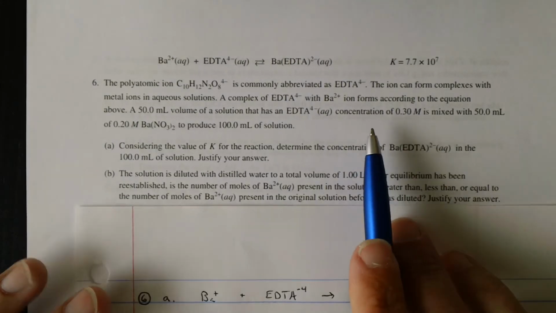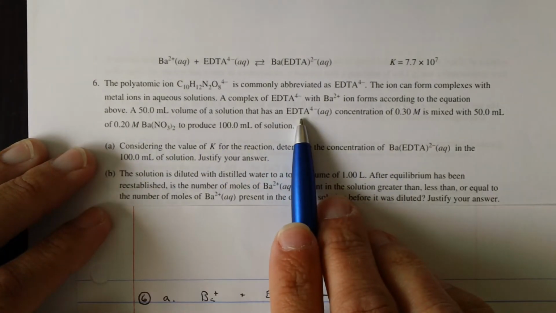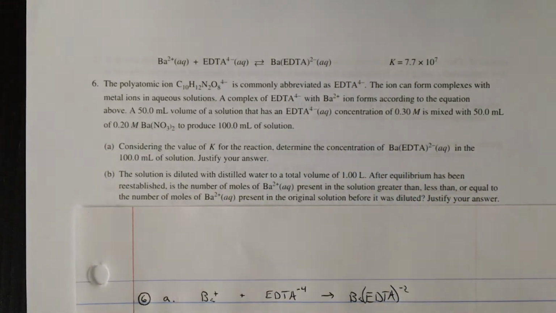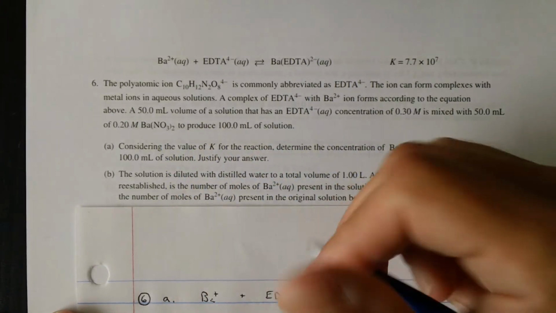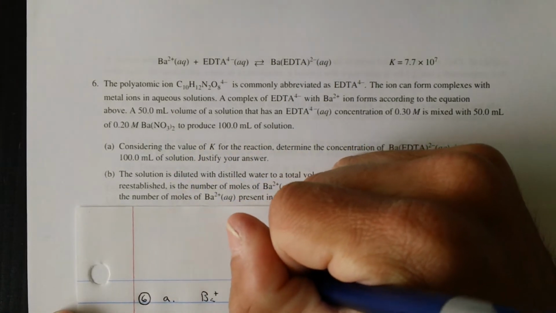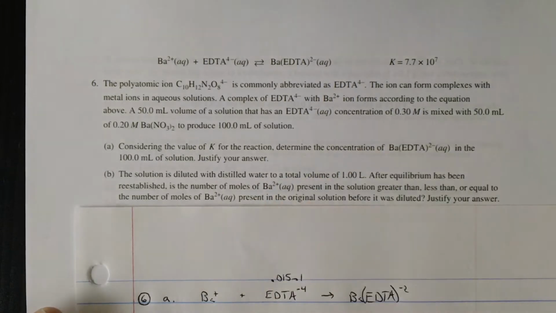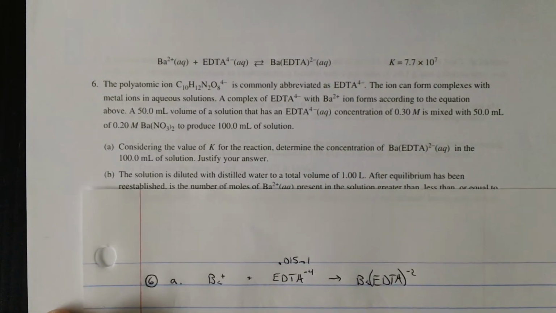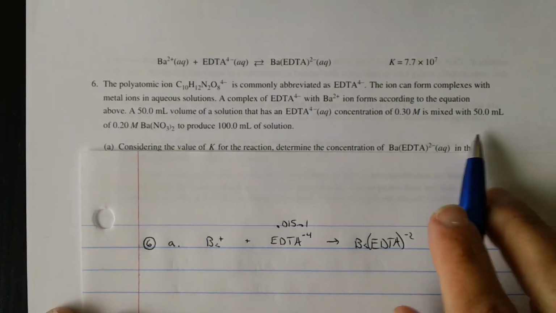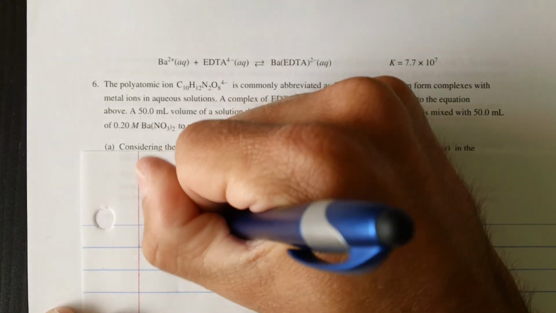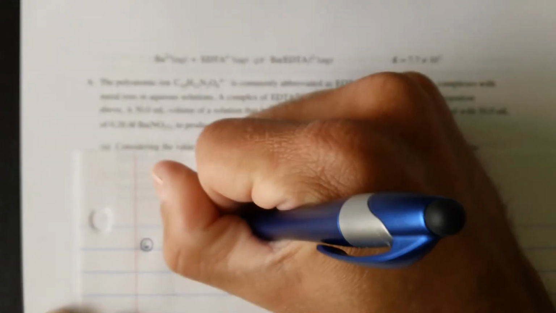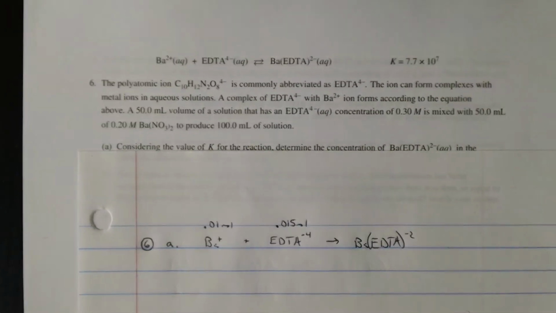They give us 50 mL of the EDTA at the beginning with a concentration of 0.3 molar. So we can turn volumes and molarities into moles. That gives us 0.01 moles of EDTA. The barium, we've got 50 mL of it at 0.2 molar, and when we multiply those together, 0.01 moles of barium.